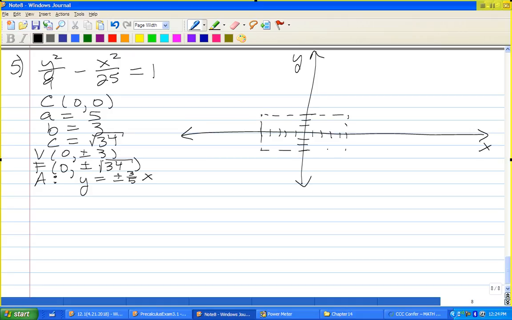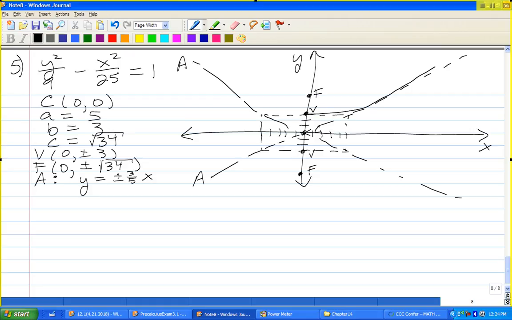Here's my bounding rectangle. Here's my diagonal of the bounding rectangle. The asymptotes. Okay. y is positive, and square root of 34. This is 3. It's about here. So here are my foci, my vertices, my center.